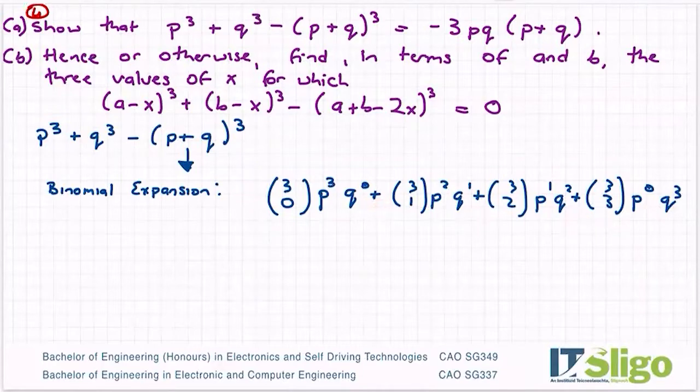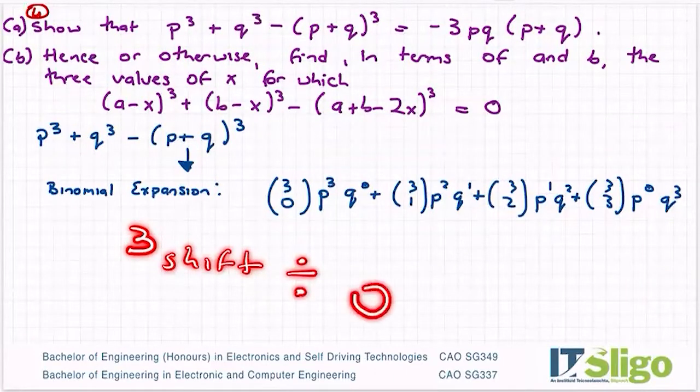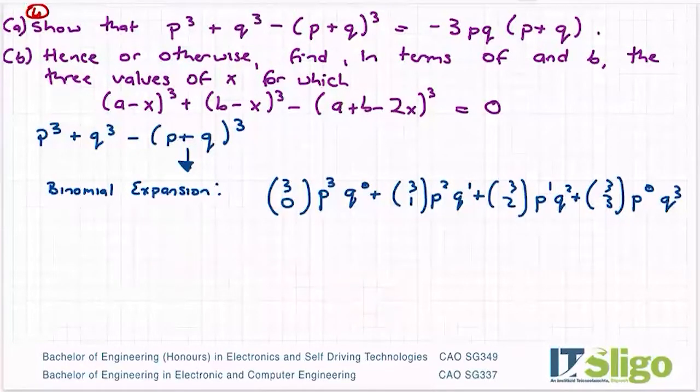Okay, so this is nCr on your calculator. The nCr button is behind the divide by button. So what you put in is 3, and then you go shift, divide by, so that's the nCr, and you put in the 0. That's how you get it into your calculator. But either way, you get 1 for that. p to the power of 3 by anything to the power of 0 is 1.